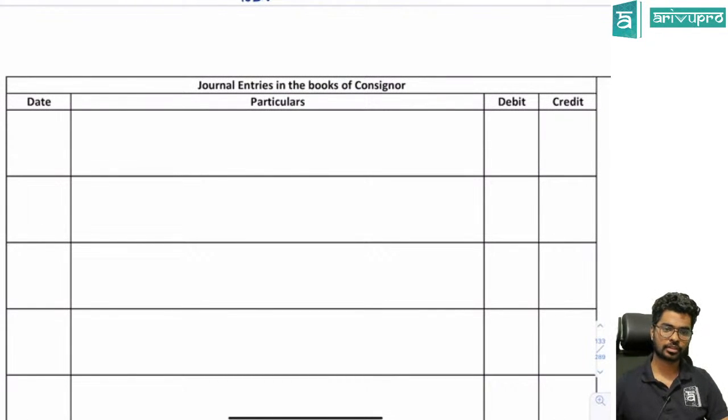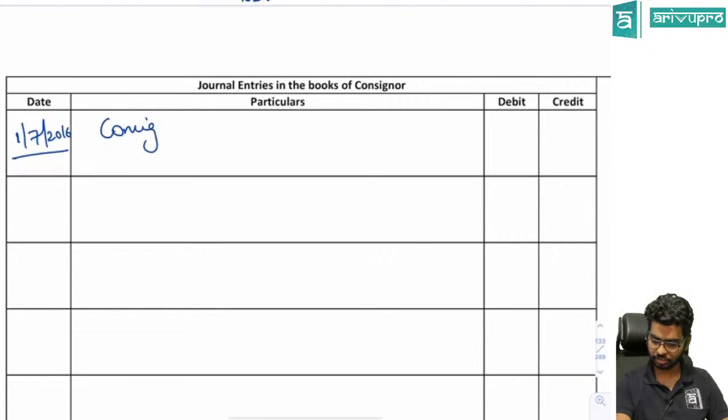Clear? So the first journal entry is going to be for goods sent 1/7/2016. The journal entry will be consignment. In the bracket, I can write it as Y account debit.